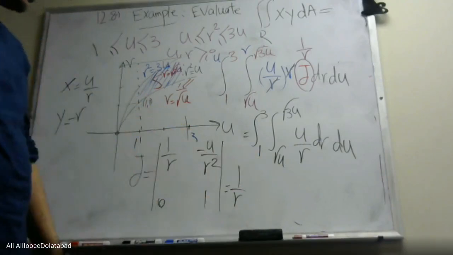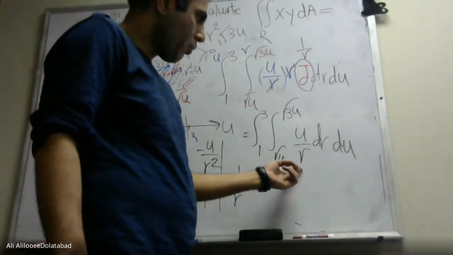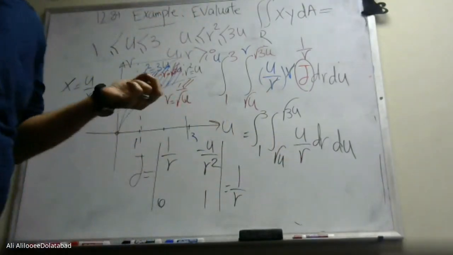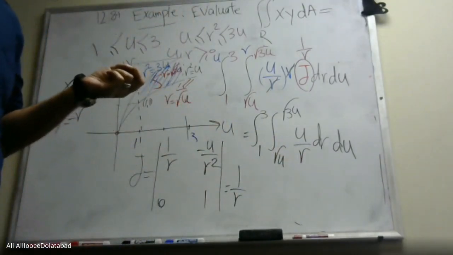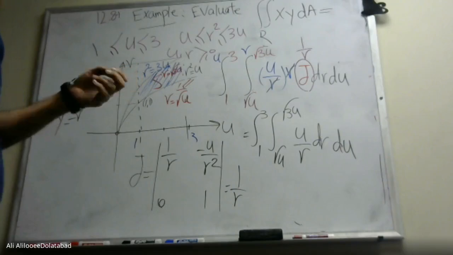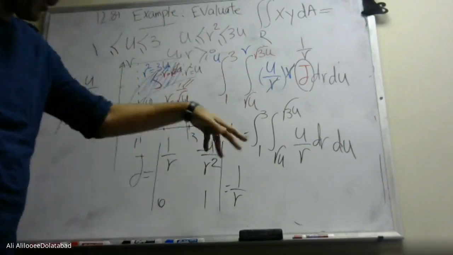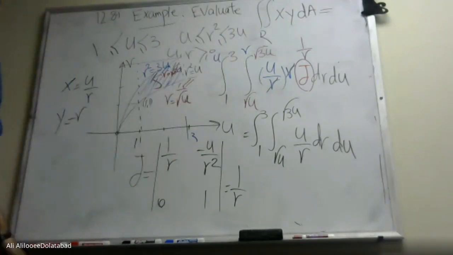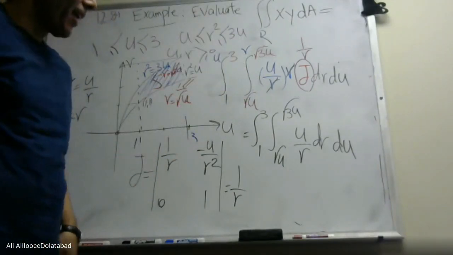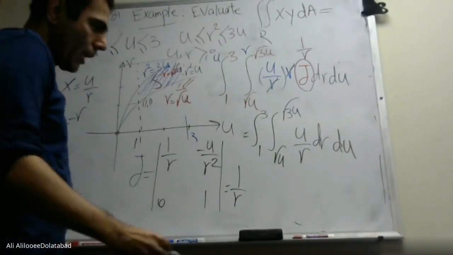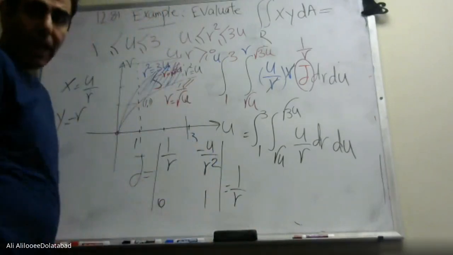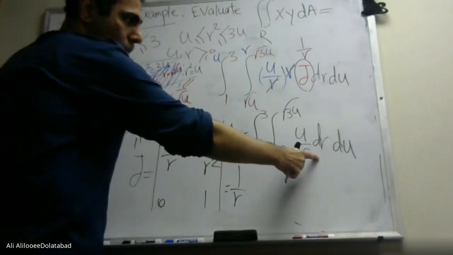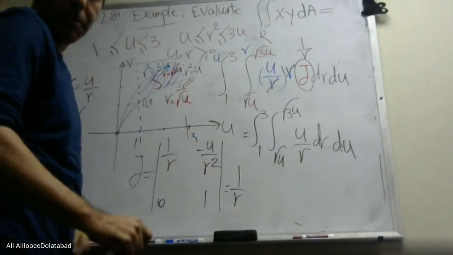If we integrate with respect to v first, then we need to use integration by parts. It is not a bad exercise. You can actually do the exercise. So okay, I will use Fubini's theorem. I will integrate with respect to v first, and after that I will integrate with respect to u.